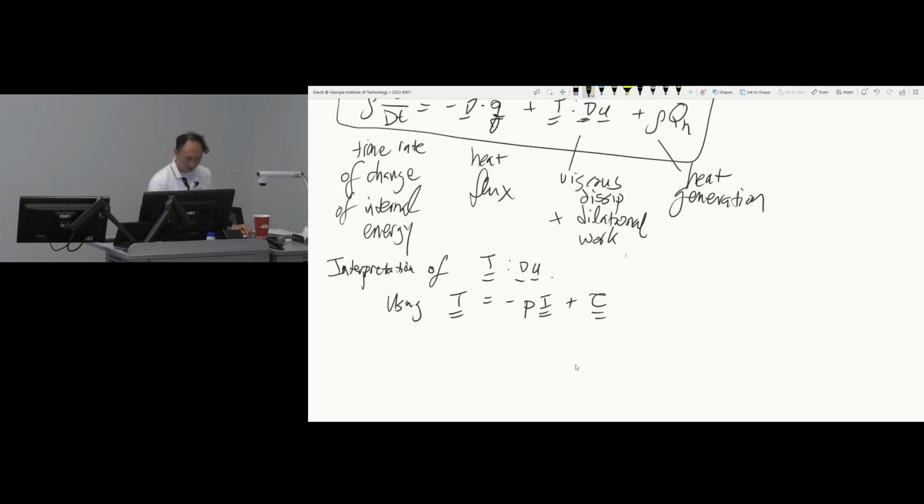So we spent a lot of time writing the stress tensor into the hydrostatic component and the component that depends on fluid motion. All right, let's substitute these in here.